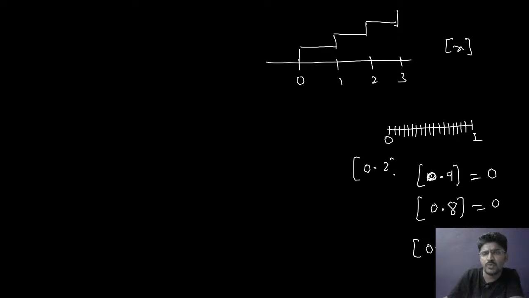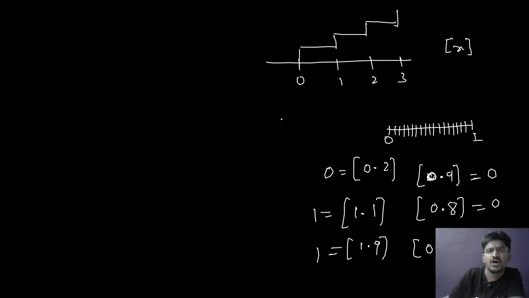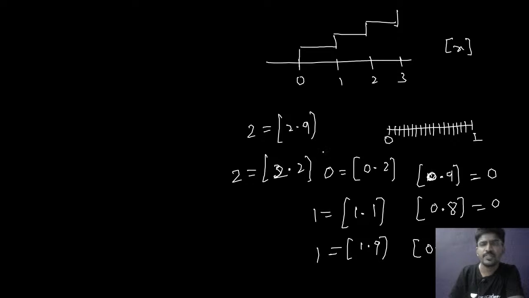Output of 0.2 is also 0. In the same way, output of 1.1 is 1. Output of 1.9 is 1. Output of 2.9 is 2. Output of 2.2 is also 2. So all these things you must know.